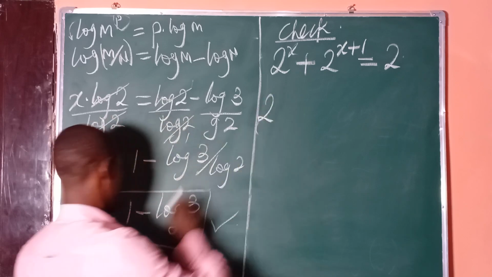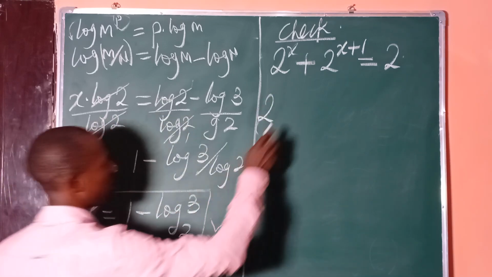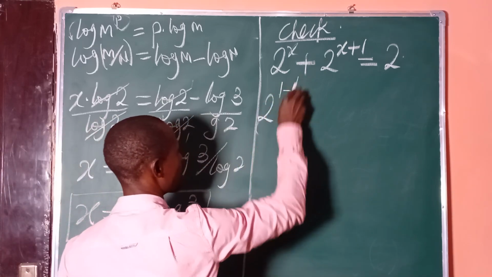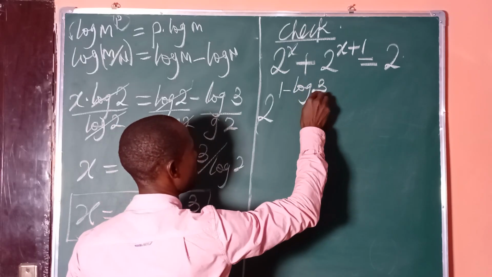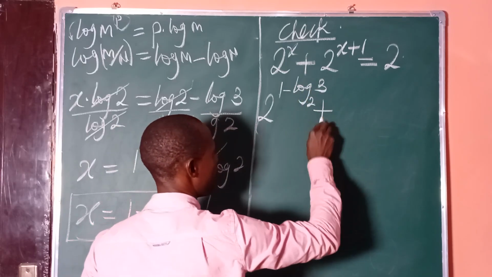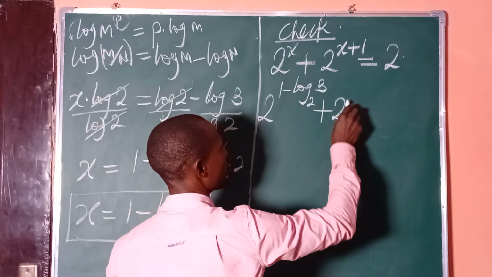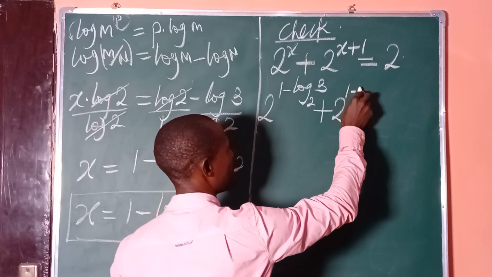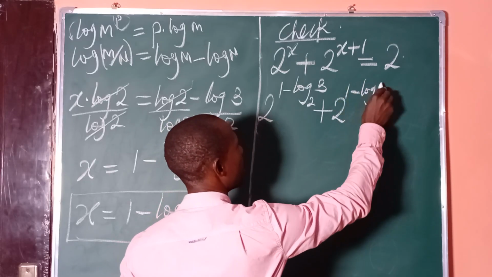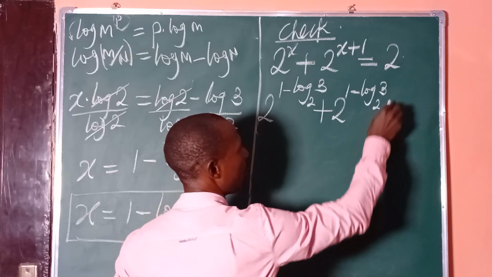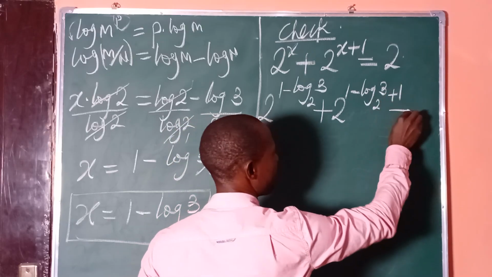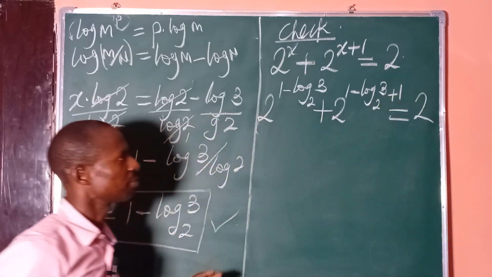So we're going to have 2 to the power of 1 minus log 3 base 2, plus 2 to the power of 1 minus log 3 base 2 plus 1, everything equal to 2.